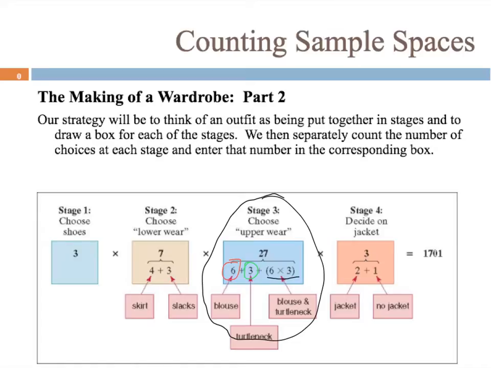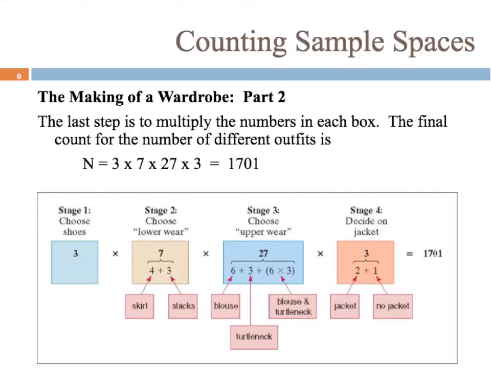So we're going to say 6 plus 3 plus the result of 6 times 3, so that's 18, plus 3, plus 6, 27 total options for upper wear. And in the end, we'll just multiply everything together, and ultimately she's going to have 1,701 different options as far as her wardrobe goes.